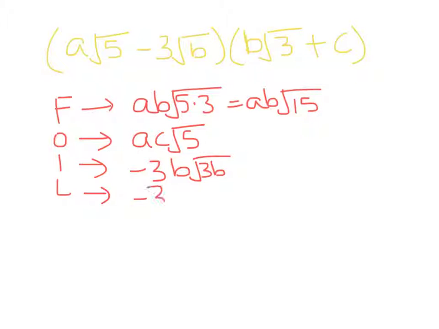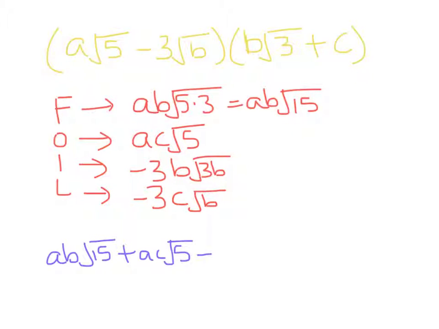So that's minus 3c times the square root of b. And our answer is just all of these added up together, or ab square root of 15 plus ac square root of 5 minus 3b square root of 3b minus 3c square root of b.